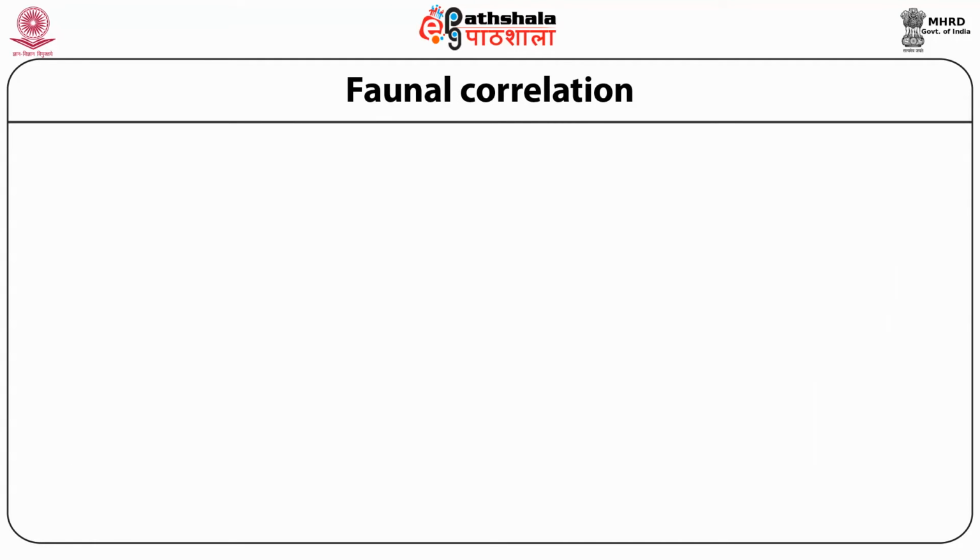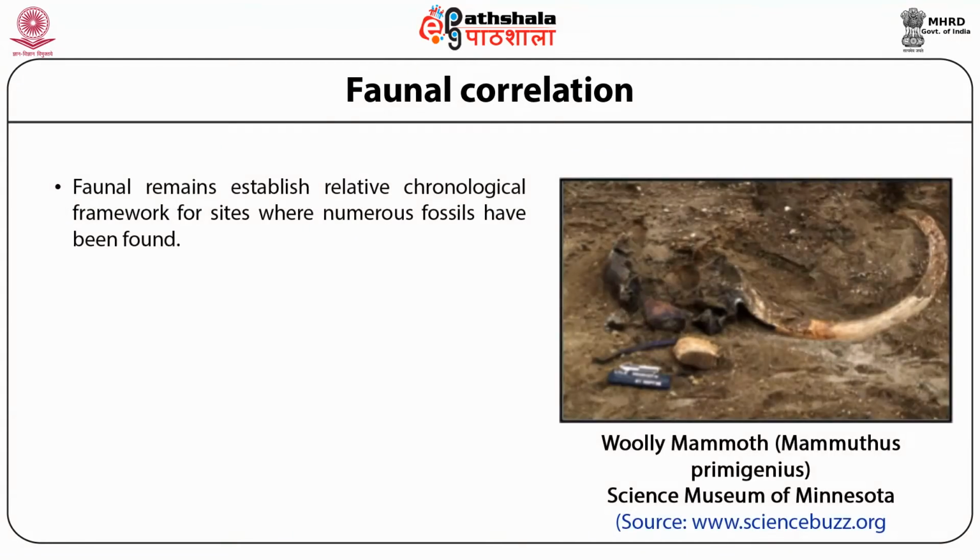Faunal correlation. Analysis of faunal remains sometimes helps to establish a relative chronological framework for sites where numerous fossils have been found. New faunal forms emerged and spread with the extinction of old forms.